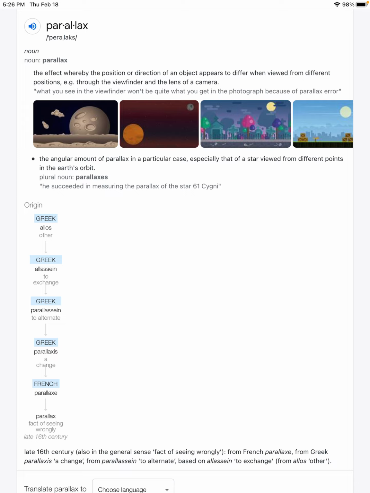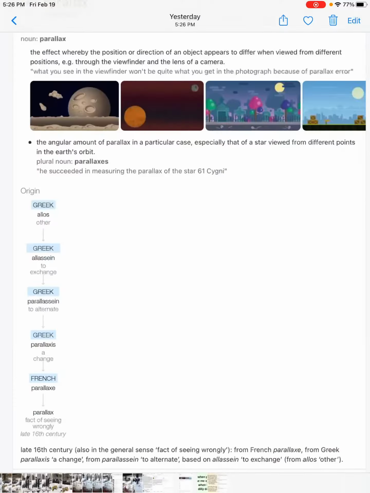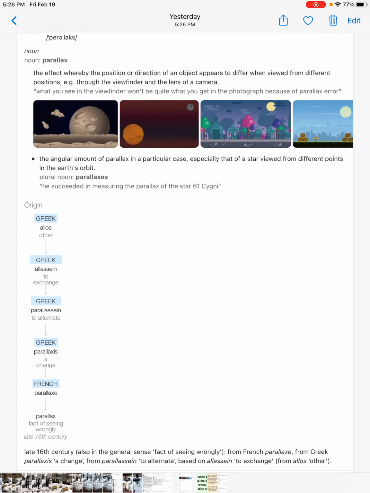So we're viewing something from different positions, and especially that of a star viewed from different points, as they give an example right here. Okay, so oops, my pen is not writing; it's moving things. It's acting as a pointer instead of a writer.